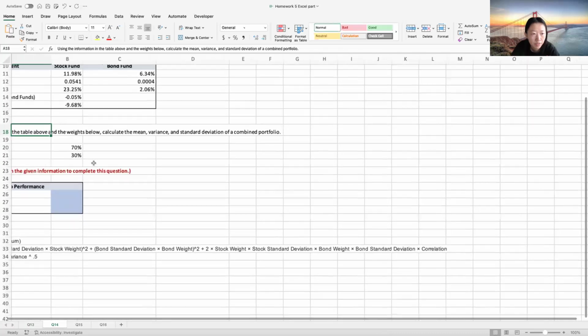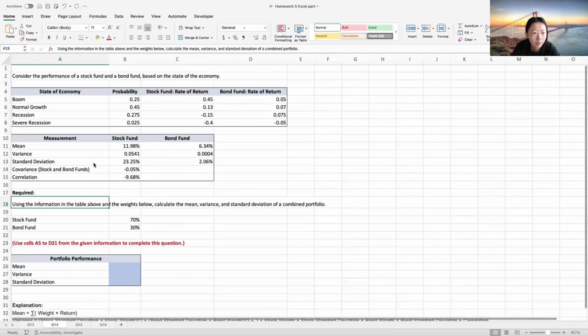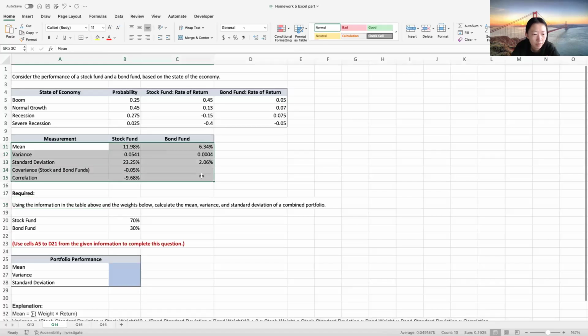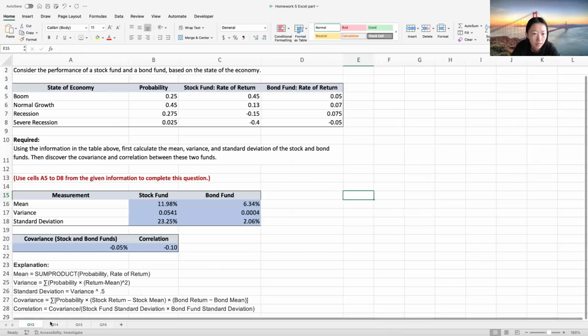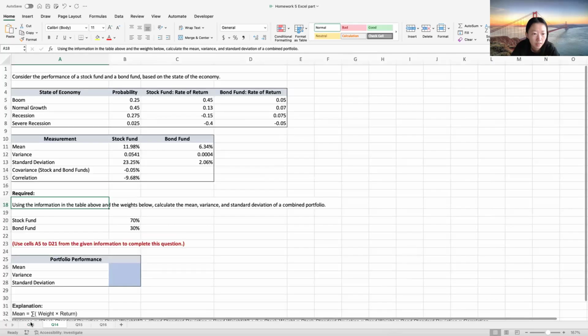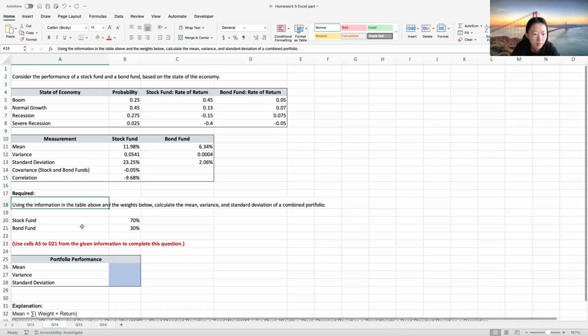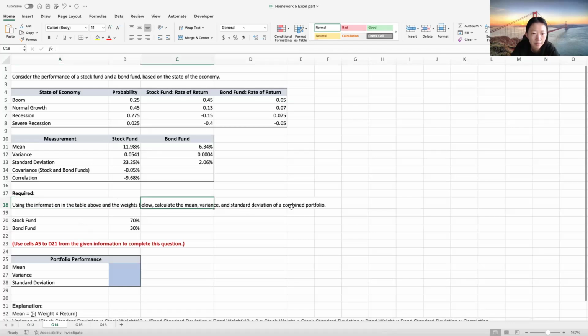Moving on to question 14. Still scenario analysis. And we are given the mean, variance, standard deviation, correlation, covariance here already. Okay, so we want to calculate the mean, variance, standard deviation of the combined portfolio. We want to combine stock fund 70% and put 30% in bond fund.